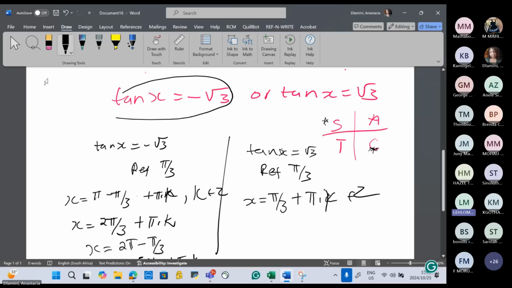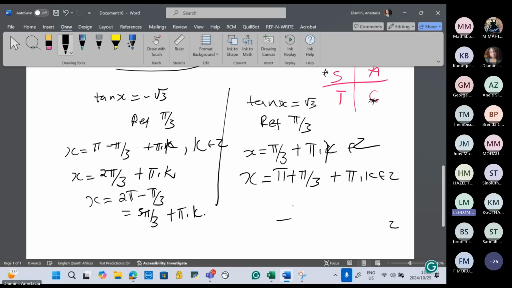And x is equal to π plus π/3. Then the answer is 4π/3. Those are my solutions.